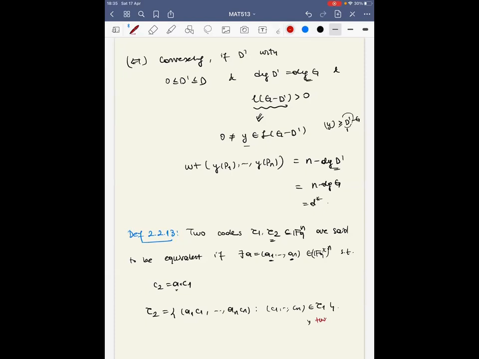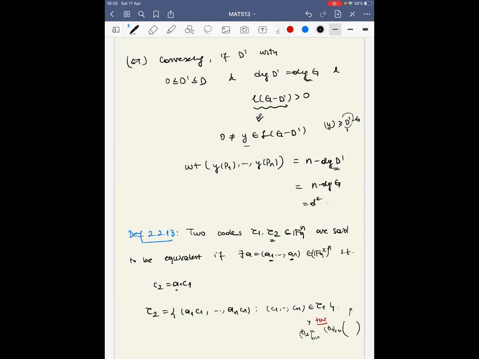Here it can be a nice exercise. We can see that the generator matrix G2 can be obtained from G1 by multiplication by what are called permutation, or more generally monomial, matrices.